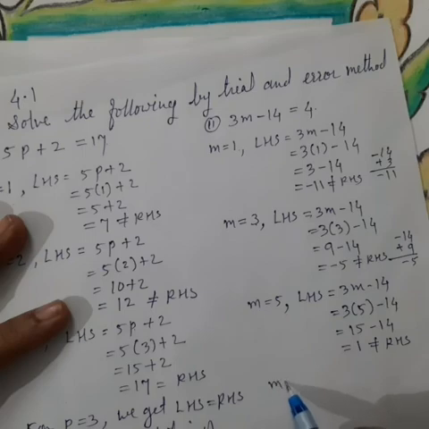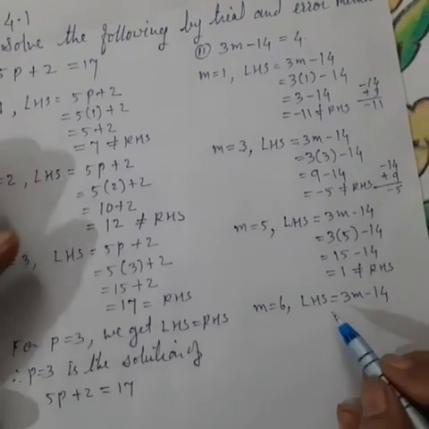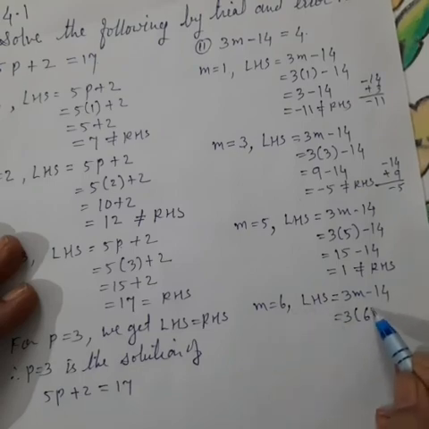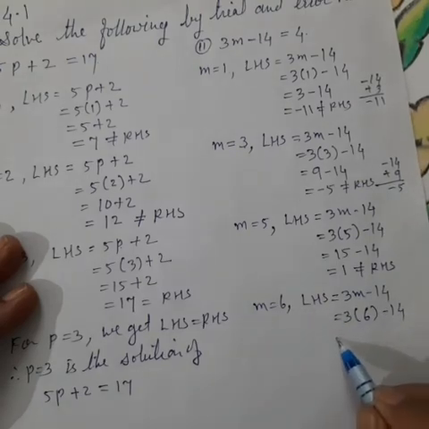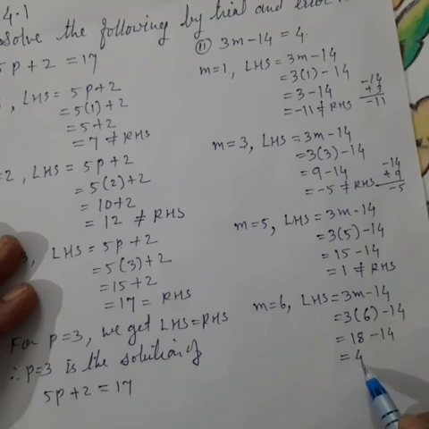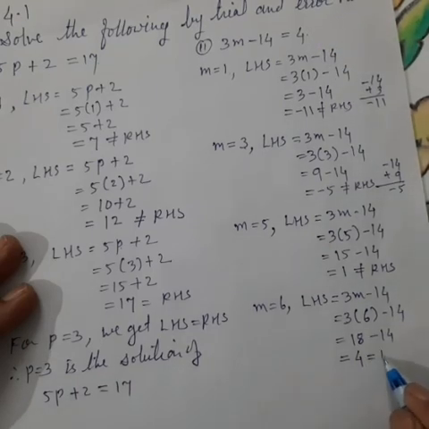Put m equal to 6. Left hand side equal to 3m minus 14. So 3 at the place of m put 6, minus 14. 6 3s are 18. 18 minus 14 is 4. And here also our right hand side is 4. So here we are getting our right hand side.